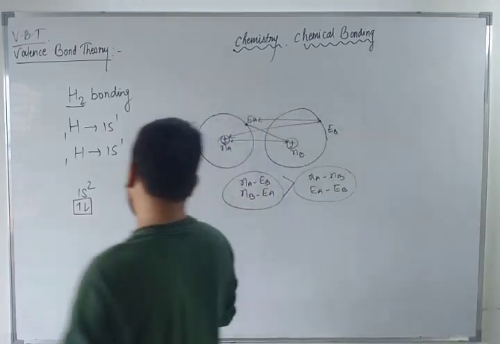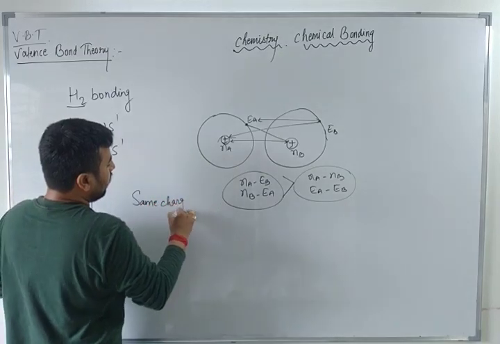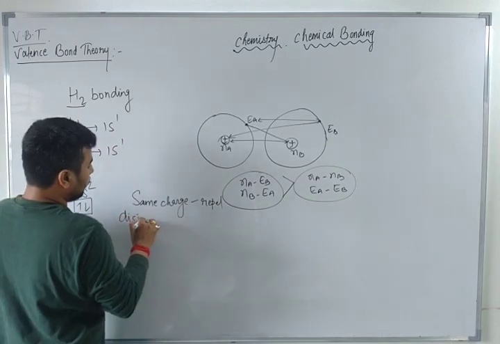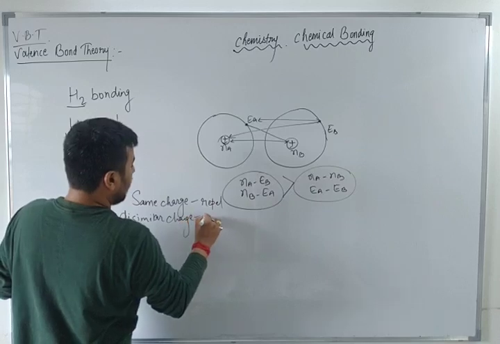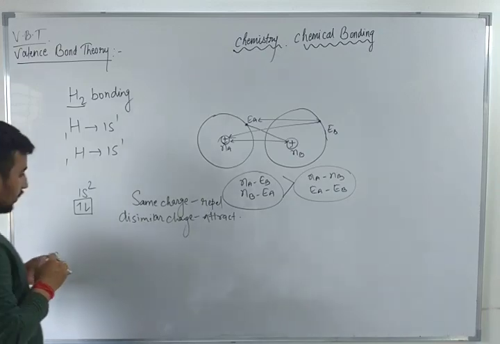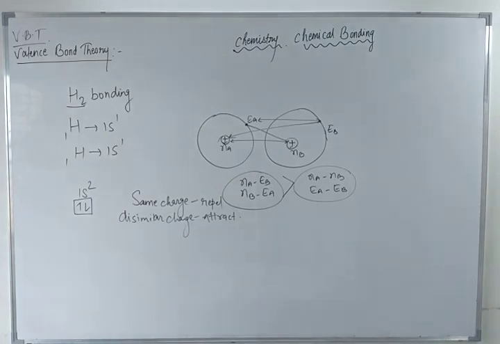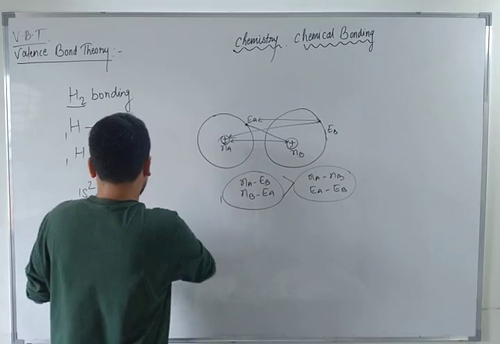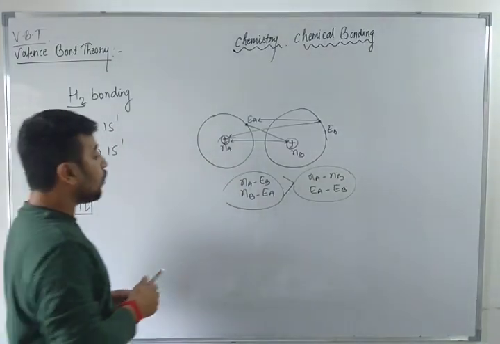All of us know very well that same charges repel each other and dissimilar charges attract each other, right? You may have understood this theory from the 4th or 5th standard. Same charges repel each other and dissimilar charges attract each other. So now the question is what?